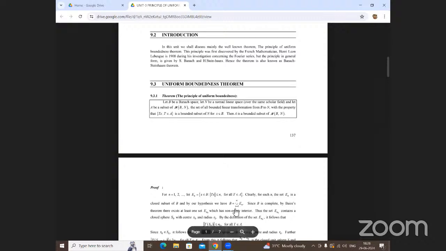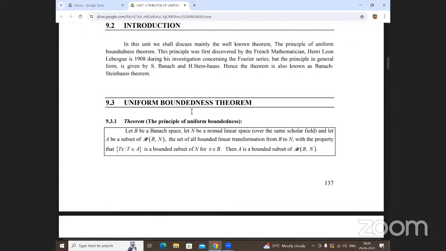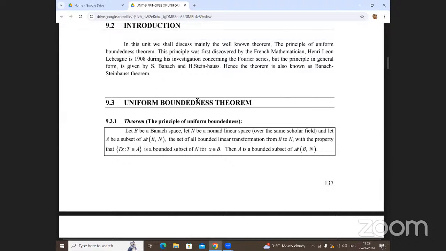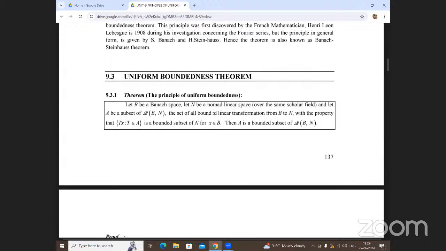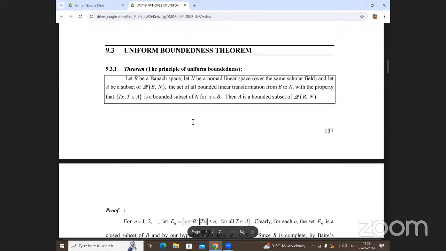Or, state and prove the principle of uniform boundedness. Sometimes this theorem is also called the Banach-Steinhaus theorem. This is the statement of the uniform boundedness theorem. Please note down, this is also one of the important theorems.